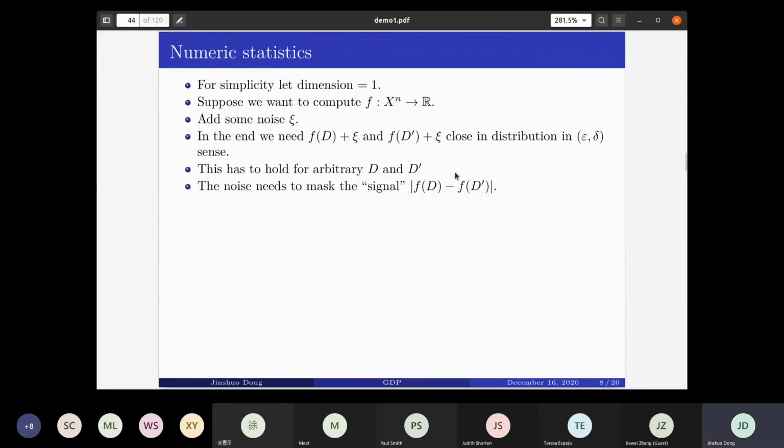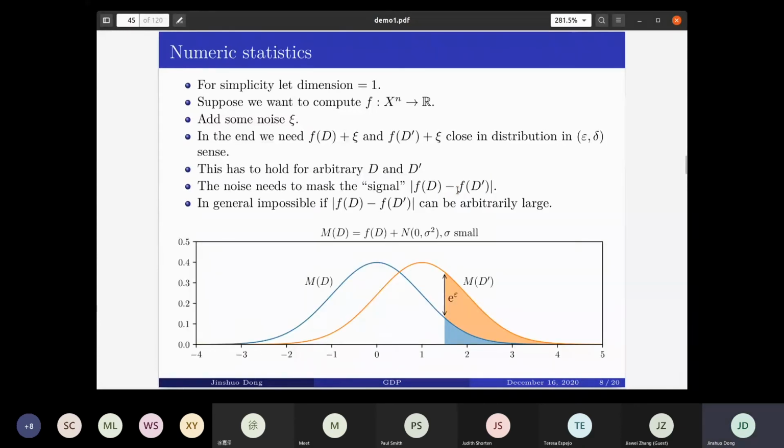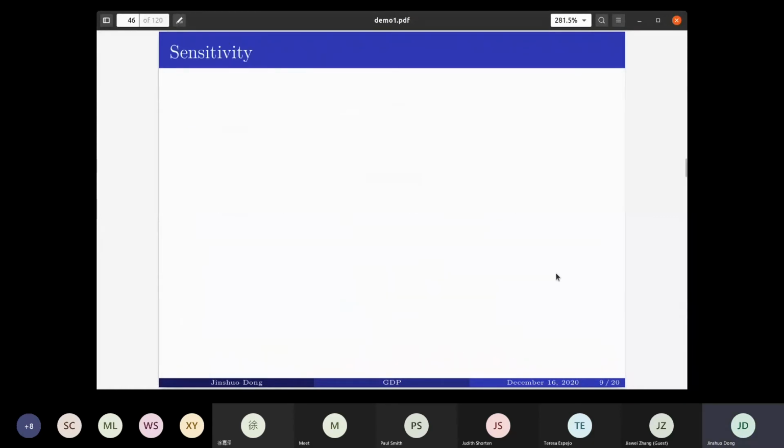So in general, this shows you that the noise scale needs to scale proportionally to this quantity. And in general, it is impossible if this difference can be arbitrarily large. Think of these two means as arbitrarily far away. Then you need to add an infinite amount of noise. So this suggests the crucial quantity is sensitivity. Let me define that.